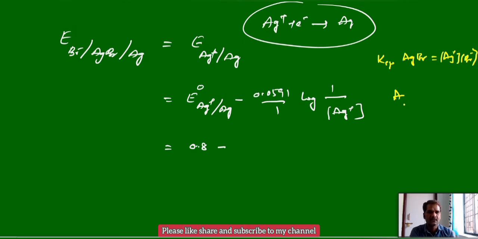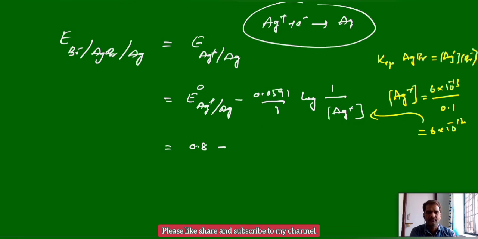From this, concentration of Ag plus is equals to Ksp of AgBr, that is given 6 into 10 power minus 13, by Br minus concentration, given as 0.1, that is 10 power minus 1. So from this it is 6 into 10 power minus 12. So that value you have to substitute here.